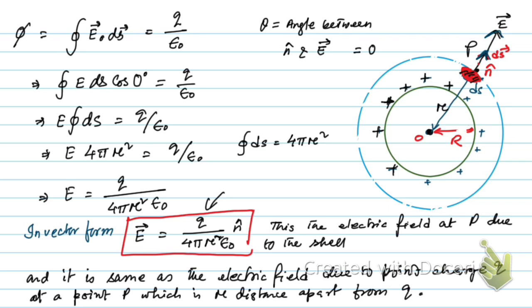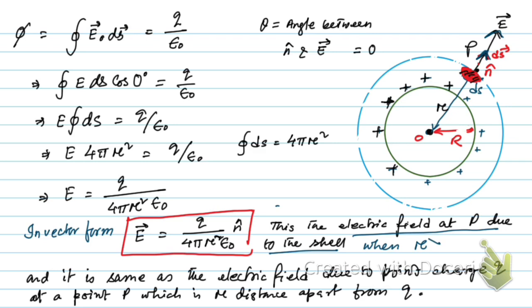So let me copy this figure and go to a new slide. So we have got the required expression for the first case. This is the expression of electric field at point P due to the cell when P is outside the cell.